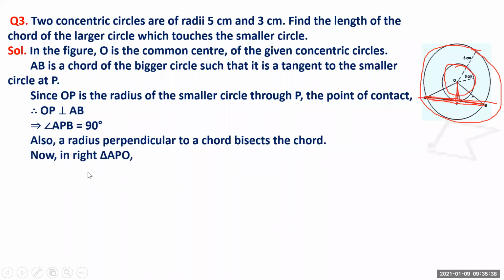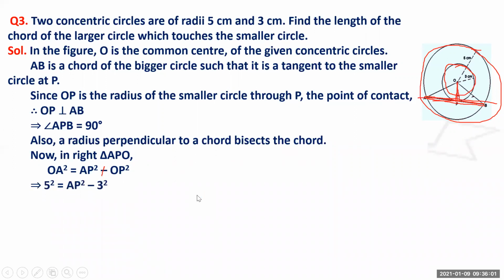With respect to that, now in triangle APO, OA square equals AP square minus OP square. It should be plus. Understand? Yeah, it's by mistake. AP square plus OP square.